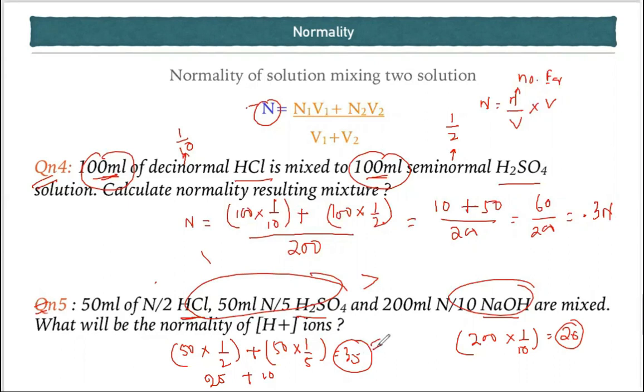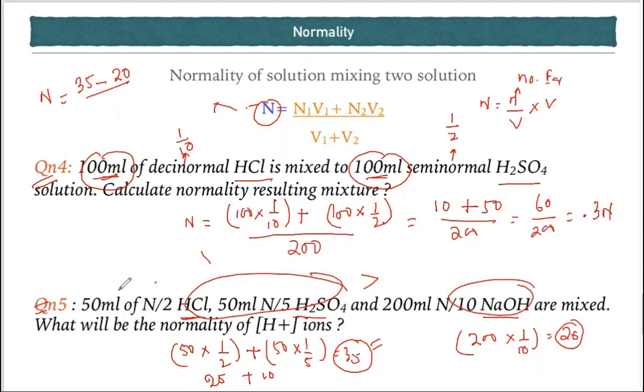That is acid. So what we have to do here, we have to get the final normality of the mixed solution, just subtract the bigger one minus the smaller one. Which one is the bigger one? That is 35, and that is for acid, minus the smaller one, base, whole divided by V1 plus V2, or we can say the total volume of the solution.